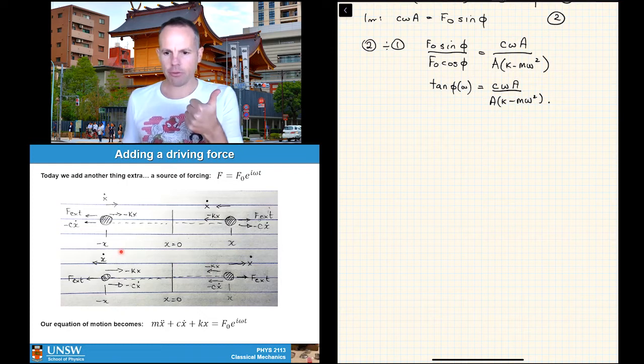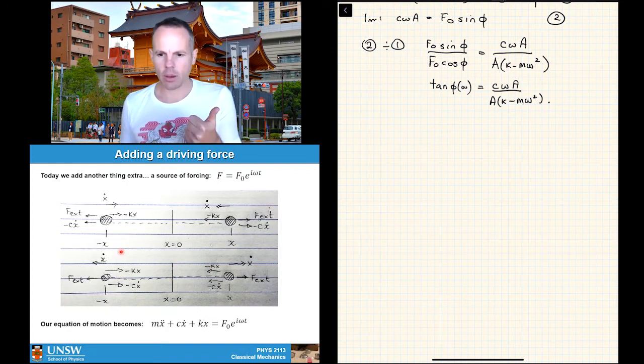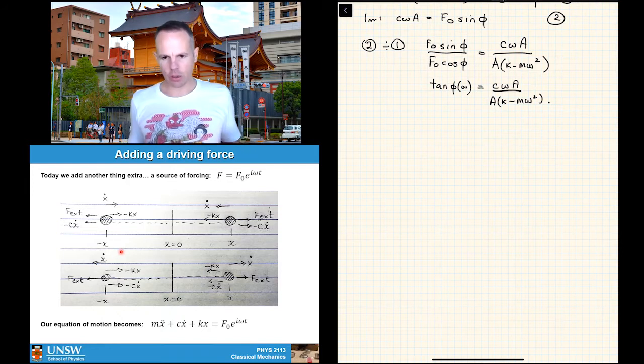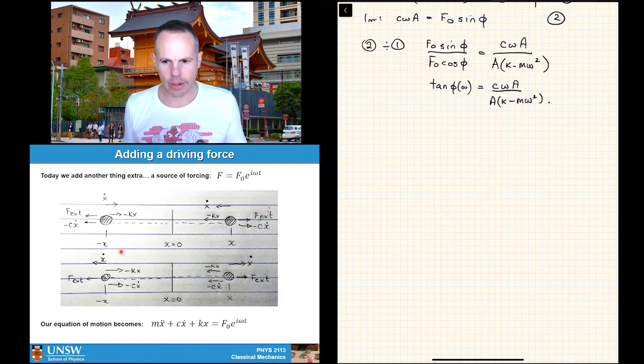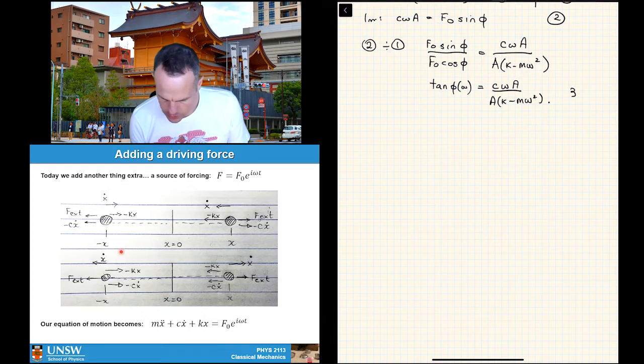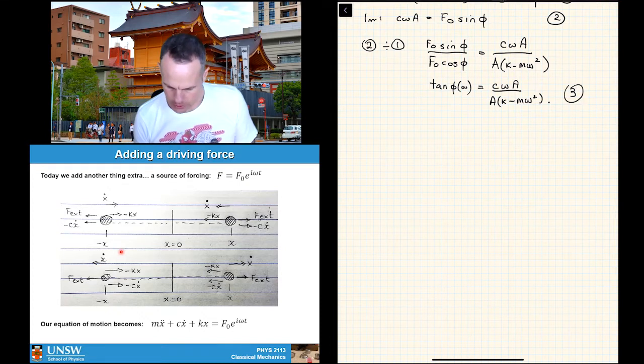So that's out, and I'm left with the one thing that I'm likely to be changing in my physical system here, which is the frequency. In a lot of cases we might write a functional dependence in an equation in physics, and really we're focusing on a variable to make it clear that it's the one we're interested in and that it matters. So we can call this equation 3 just to keep track of things.